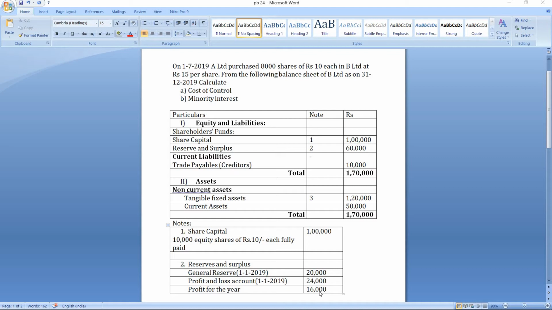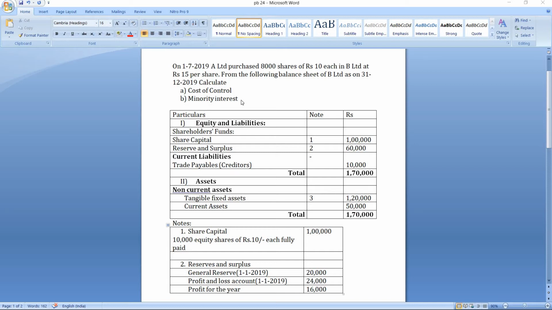Profit for the year is 16,000. If you look at this information, you can understand that the financial year for this problem starts from 1st January 2019 and ends on 31st December 2019. Using this information we have to calculate cost of control and minority interest.